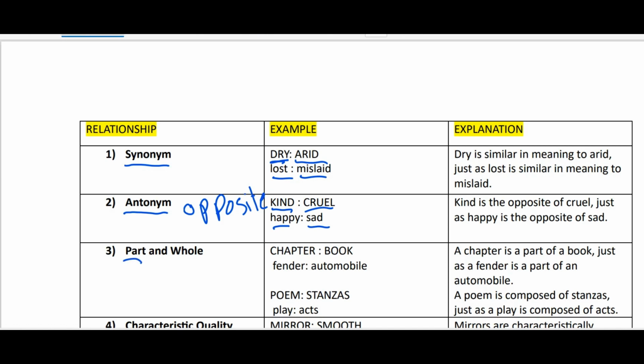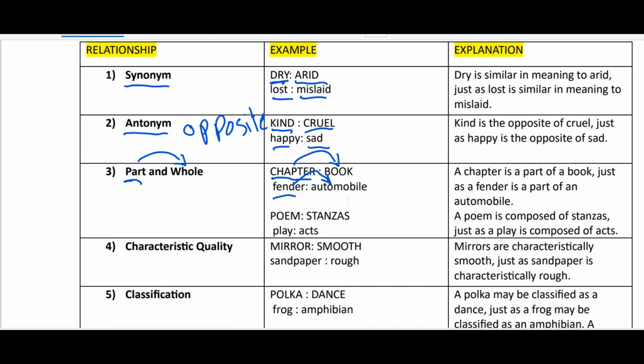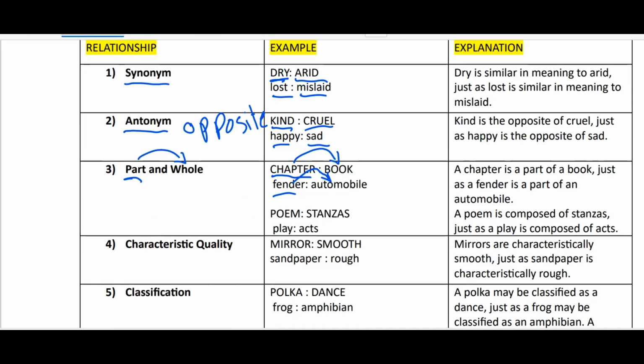The third relationship is part and whole. Like chapter is a part of the book, like fender is a part of the automobile, or the car, or the vehicle. Also here we have poem and stanzas, but it could be the other way around.